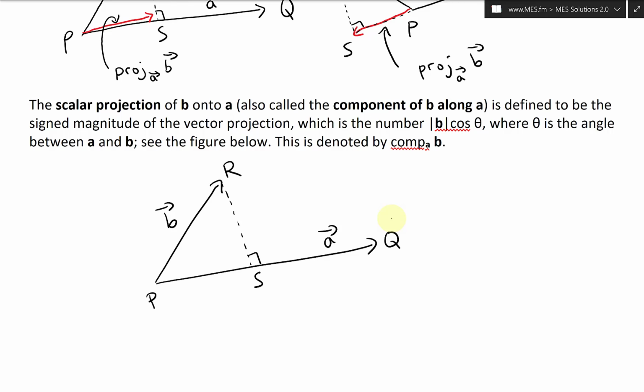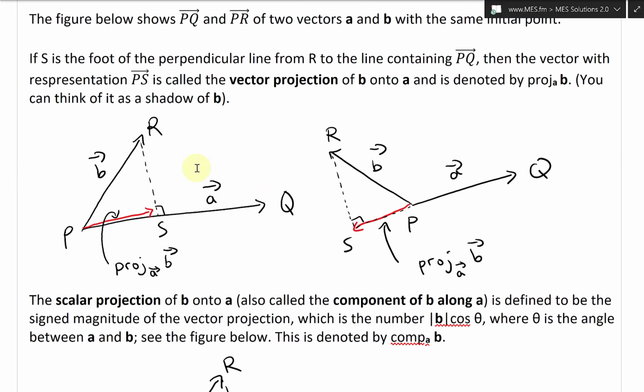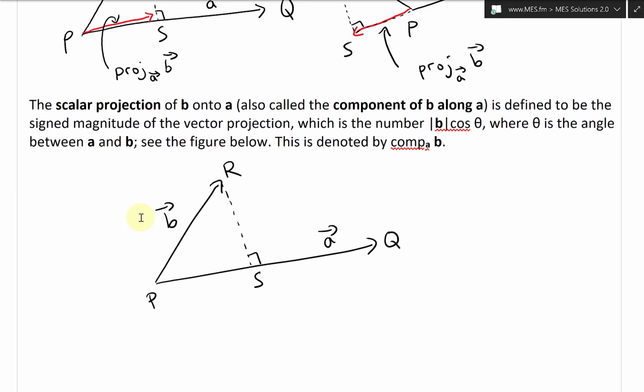This is our S. And now the magnitude of this vector projection is going to be, well, this is an angle theta. So this right here, I'm going to draw this in red. So this right here is the magnitude of it. And it's a signed magnitude, so it could be negative or positive and so on.